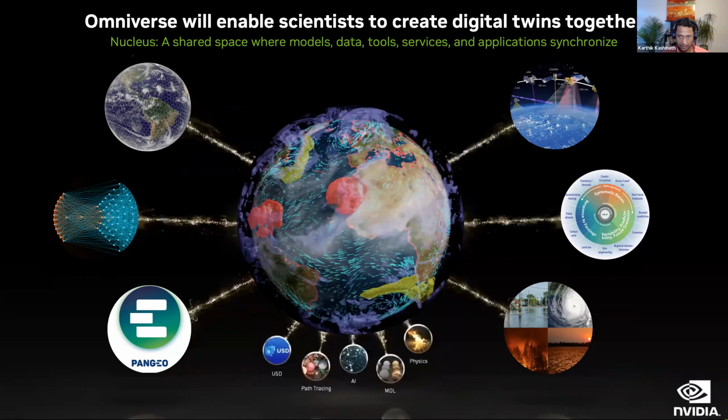One example of this would be, here we have an image from ICON on the top left at high resolution. You could have data streaming in from ICON, and machine learning models that are providing simulations on the fly. On the bottom left is some data analytics, for example, using Pangeo, provided also through the Nucleus.